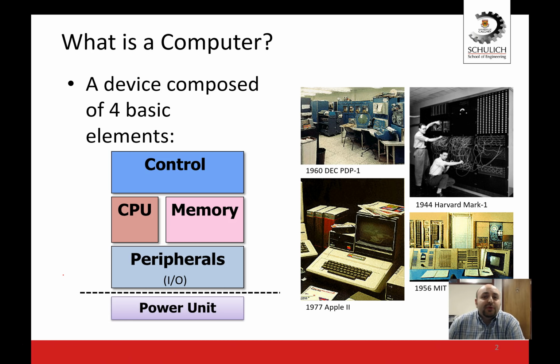If you have been to the store and tried to buy a laptop or a computer for school, a lot of the terms that we're going to be introducing in this video you've already heard before. So a computer is composed of four basic elements. The control, the CPU, which is the central processing unit, so it is the brain of the computer.